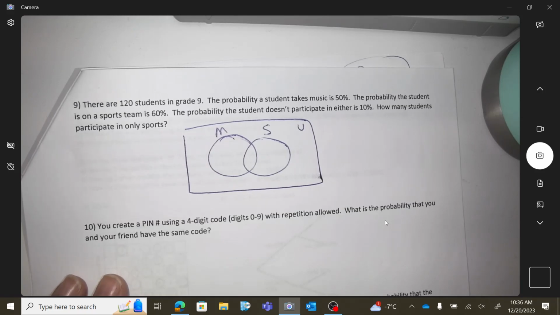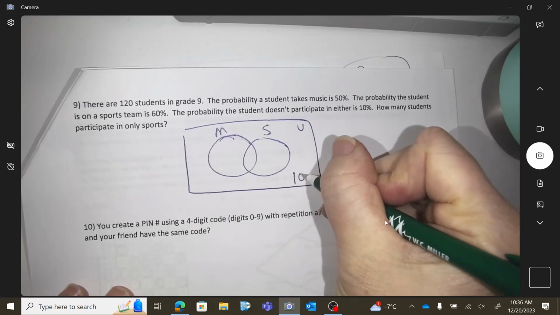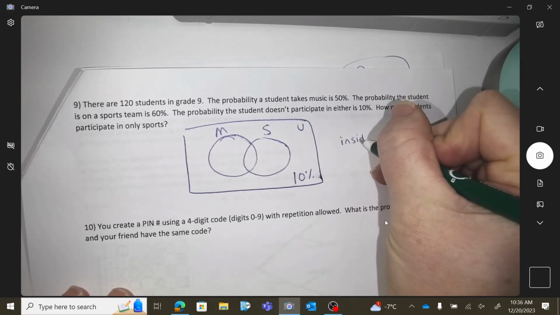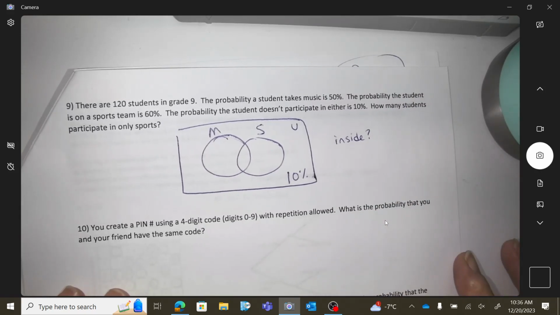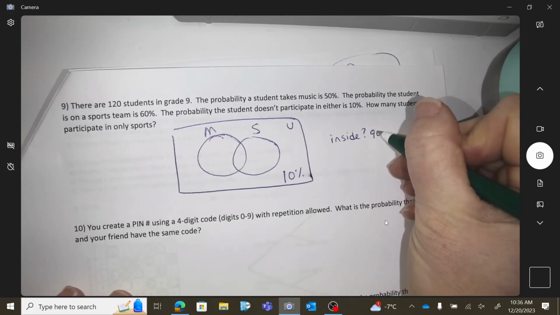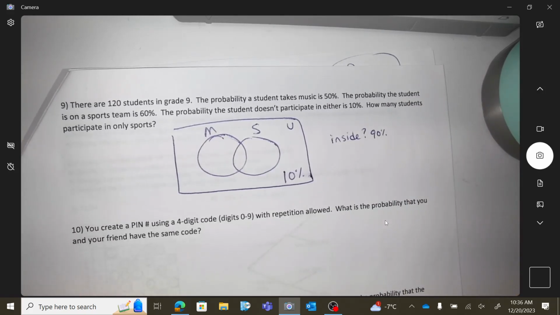Okay, don't participate is 10%. That's where I would start. So no one, so that's on the outside, 10%. Leaving me with how much can I fit in the inside of these bubbles? There should only be 90% in there.